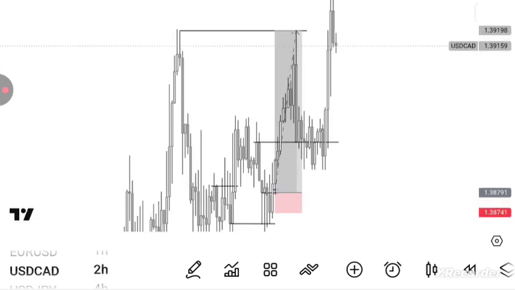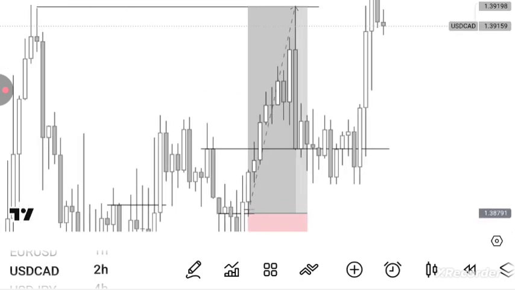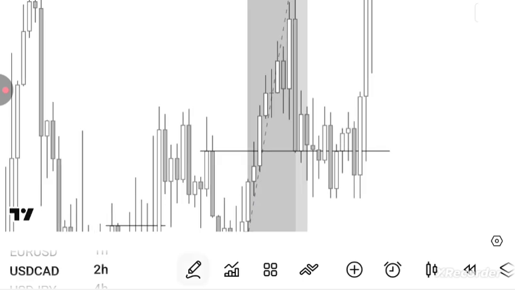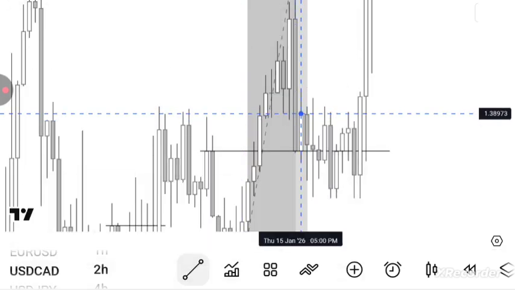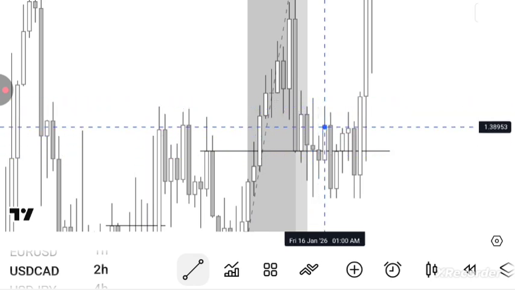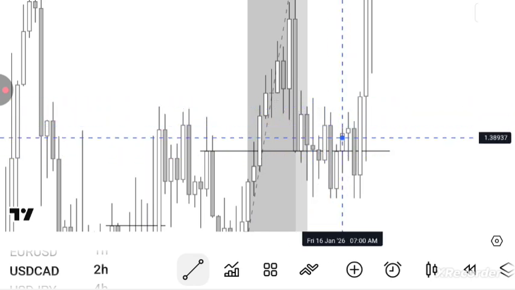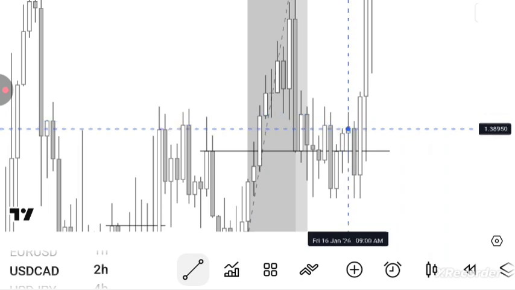If we move one time frame lower, we see that price created multiple key levels here. There was a key level here, price tried to break it, rejected and closed below. Another key level, price tried to break it, rejected and closed. This other key level, price tried to break it, and what did price do? Price broke it.